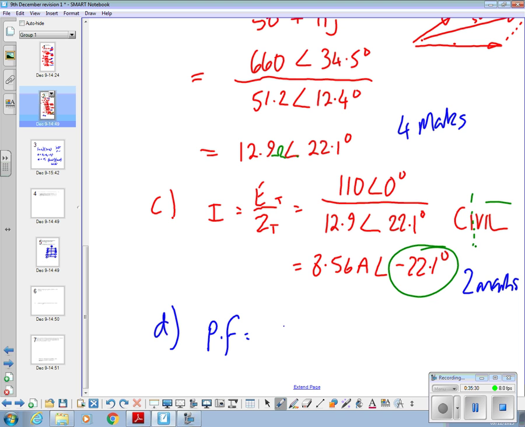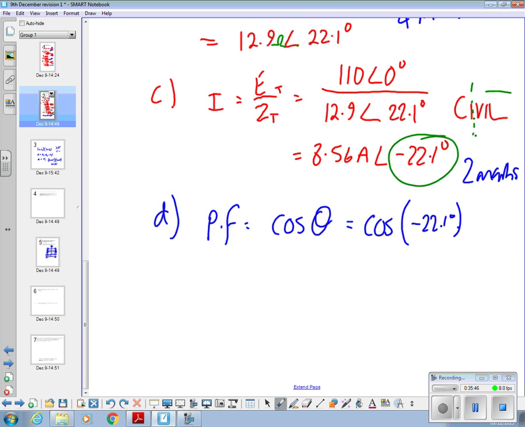Yeah, cos of the angle. So that's cos of minus 22.1 degrees.